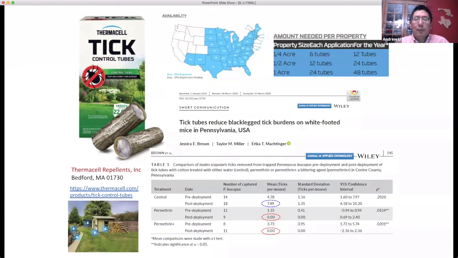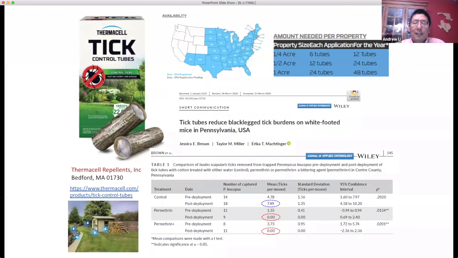There is only one publication that came out this year, a study by Dr. Erica Machtinger at Penn State. It's really a limited, small study, just 1 year with a limited number of animals trapped.